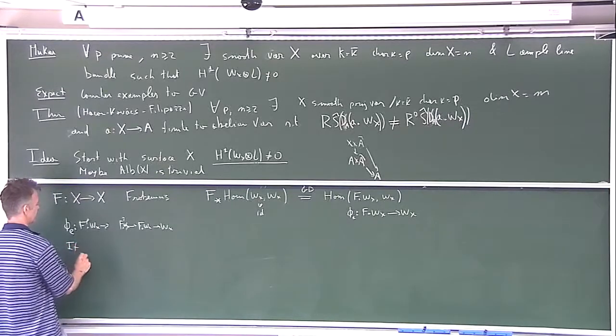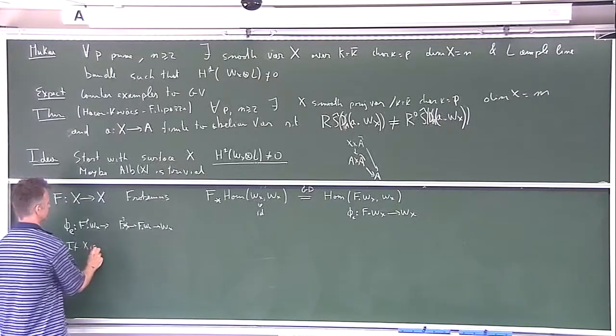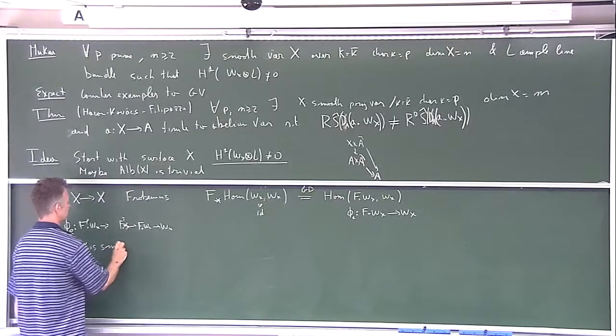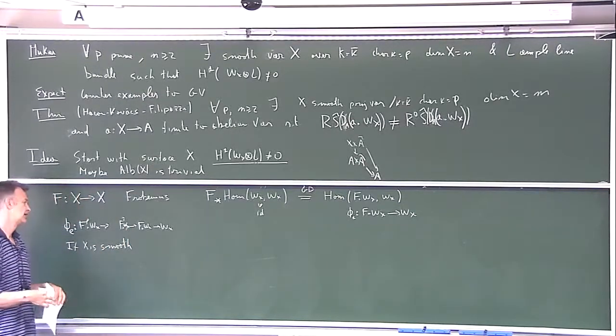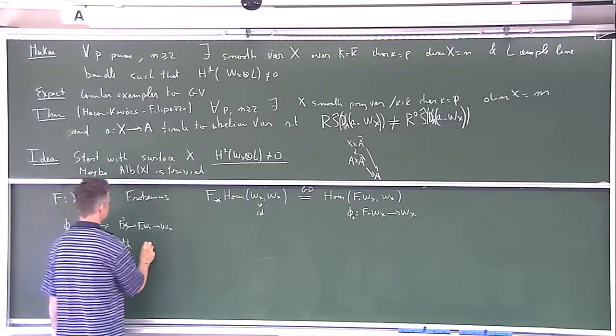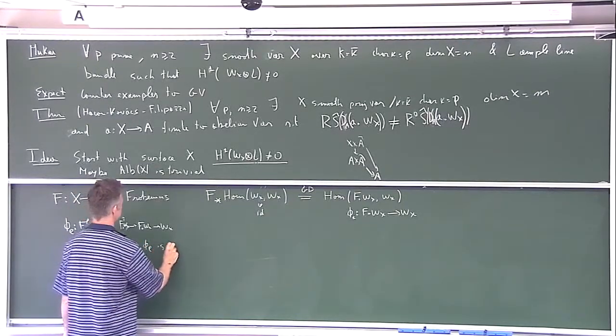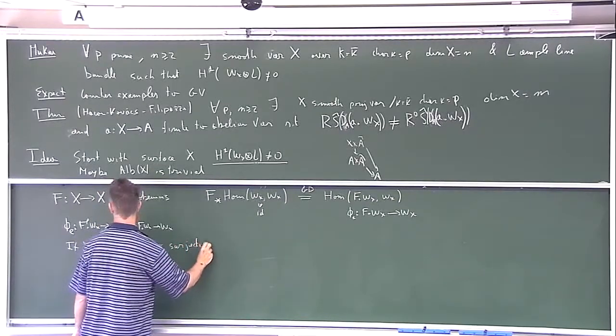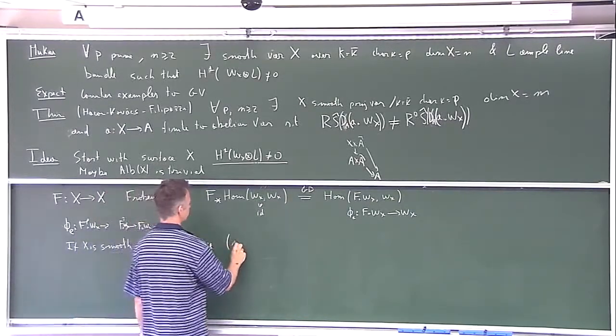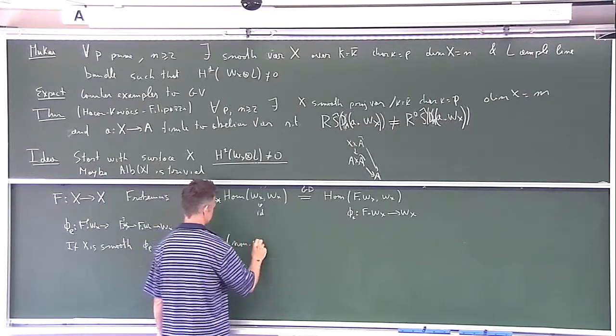Now if X is smooth, one can actually write this map down in local coordinates, and you can check that phi^e is surjective. However, typically it's non-split.